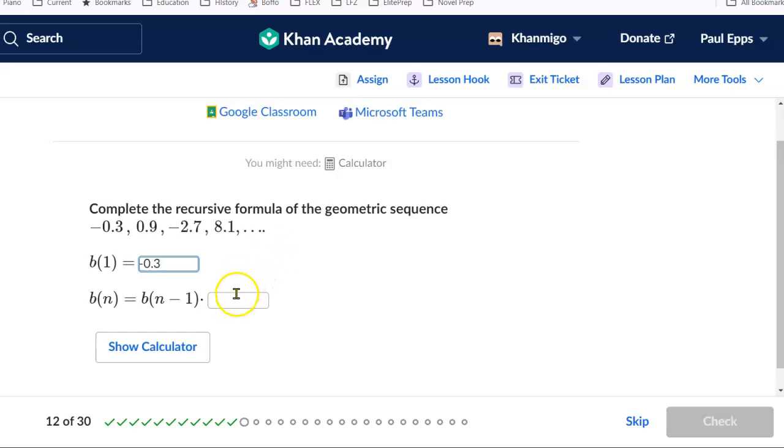Now, how are we getting from one to the next one? Well, it looks like we're multiplying it times negative 3 every time. So to get from negative 0.3 to 0.9, multiply times negative 3. Next one, multiply times negative 3. We'll put that in. Negative 3.